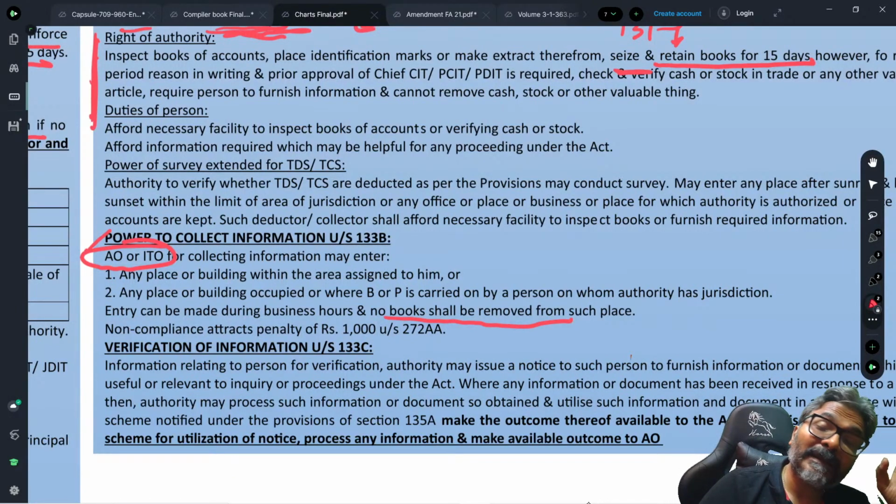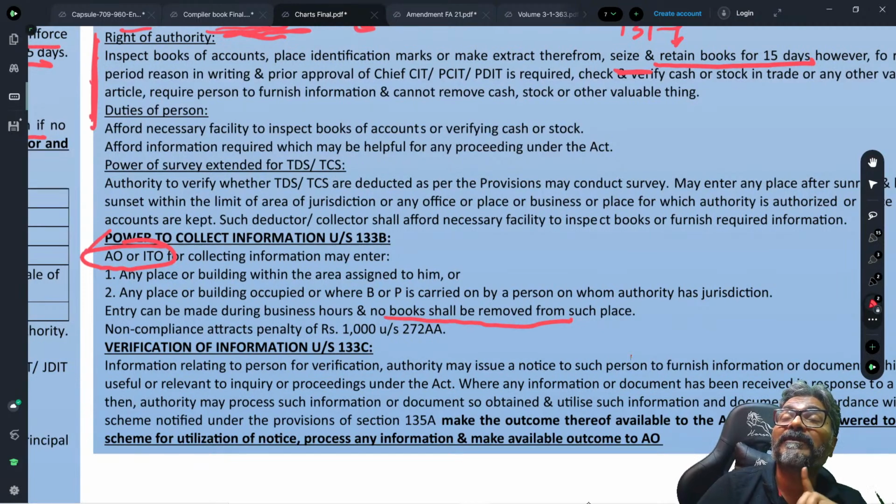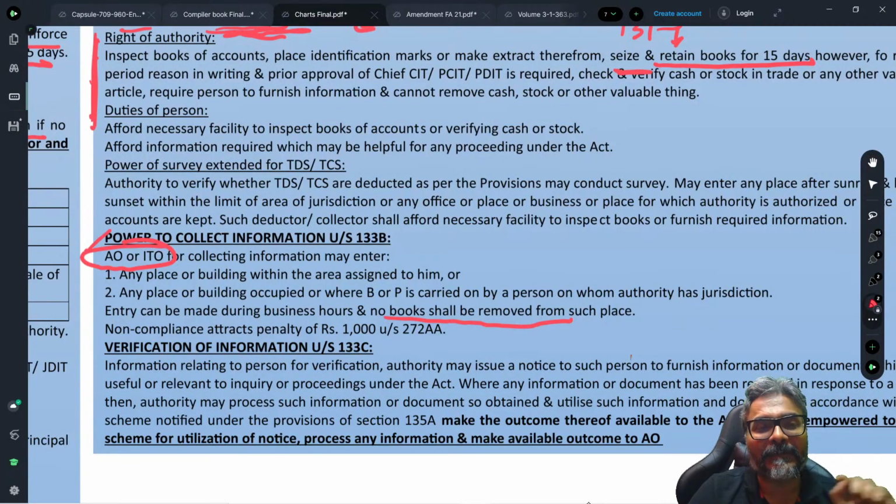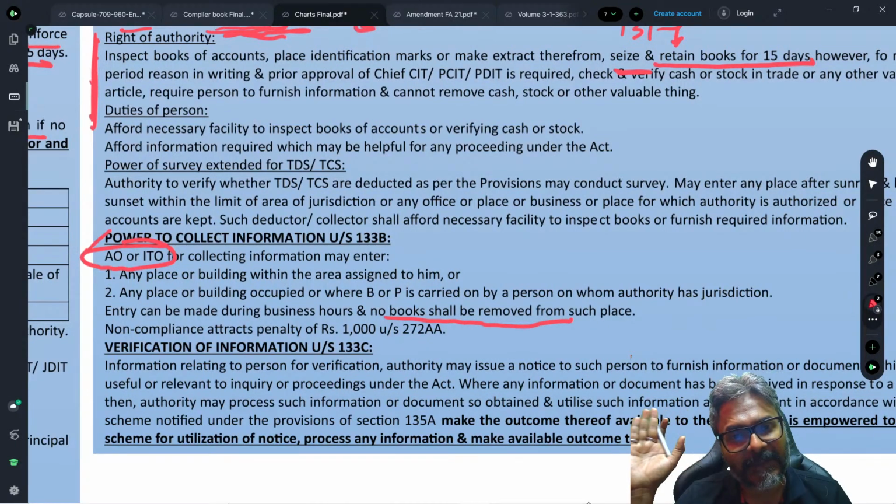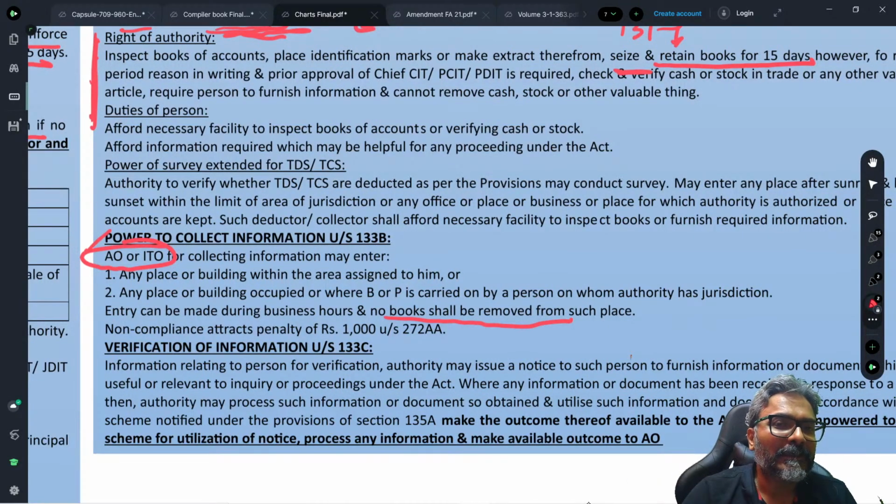Unlike in the case of 133A, where before he goes and does the survey he may have to take the approval of the JCIT or the CIT, as the case may be. In 133A there is an approval, whereas in 133B there is absolutely no approval. Just keep that in mind.